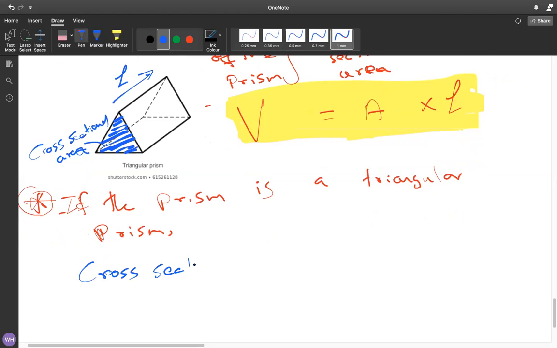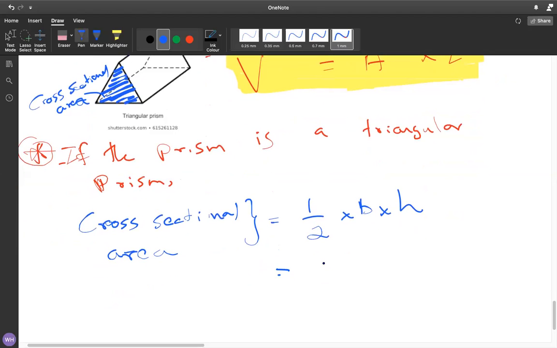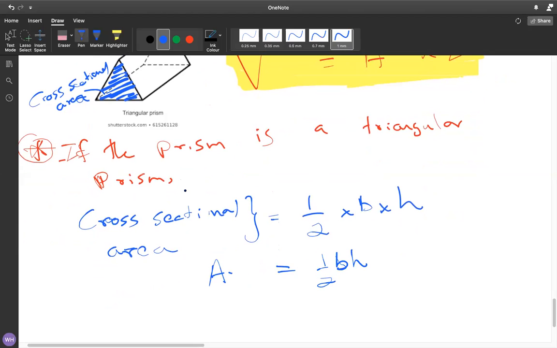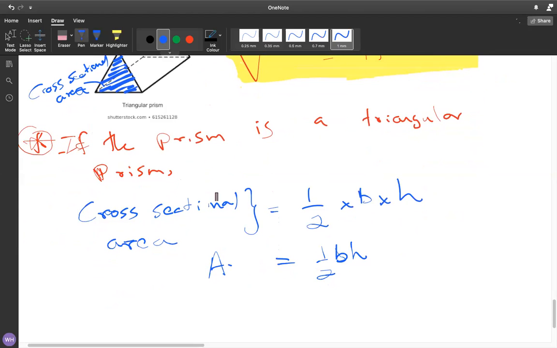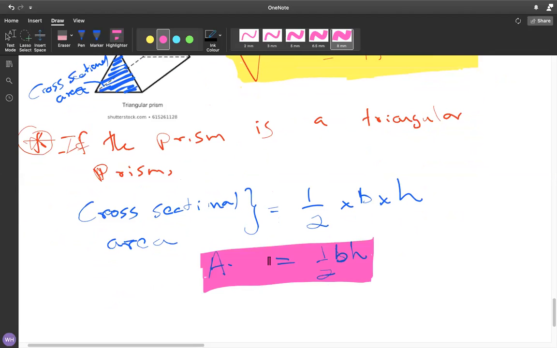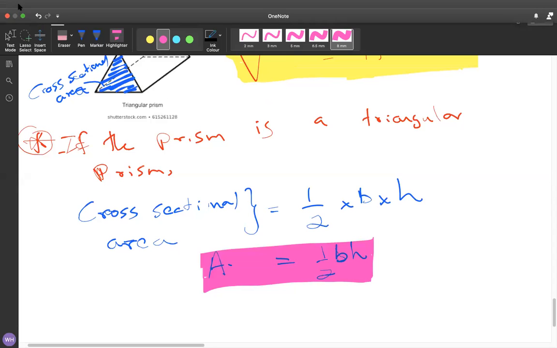Cross sectional area equals half into base into the perpendicular height. Right? So we can take it as half BH, which is the cross section area. This happens only if the cross section of the prism is triangular. Okay, write it down.